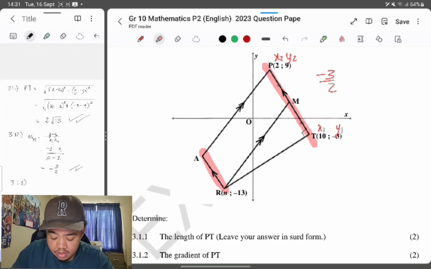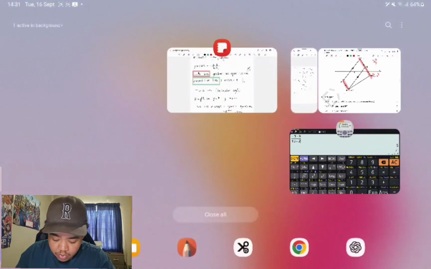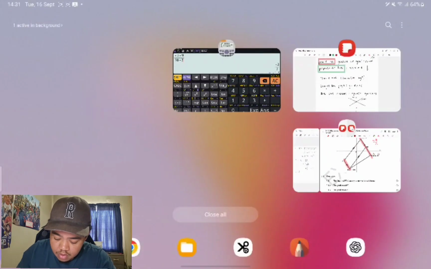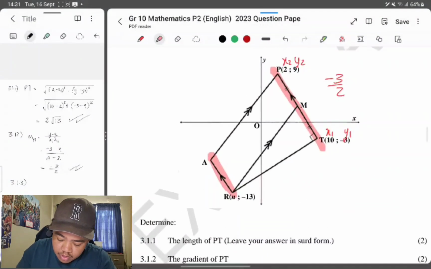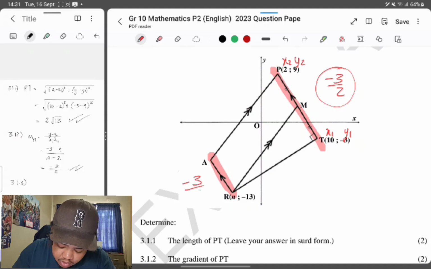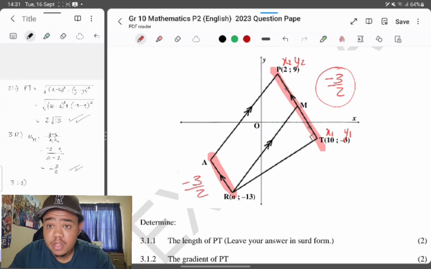is parallel to AR. And remember what I said here, parallel lines, gradients are equal. So now you know that if the gradient of PT is negative 3 over 2, then the gradient of AR should also be negative 3 over 2. That's where the theory comes in.